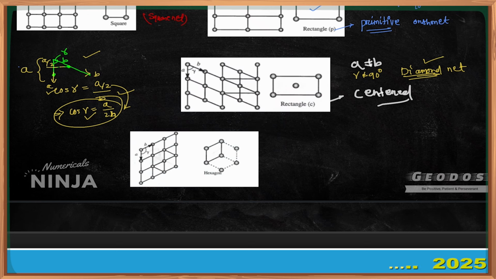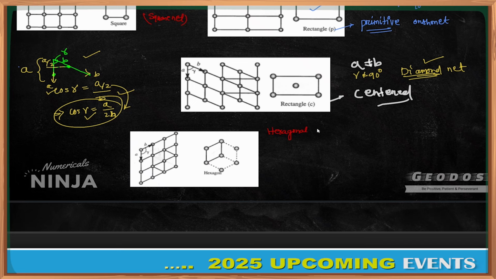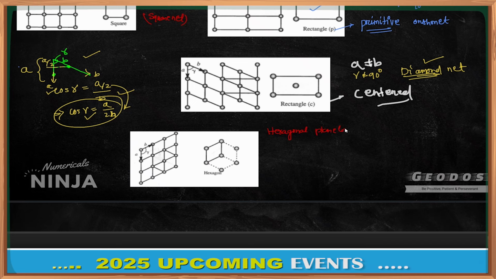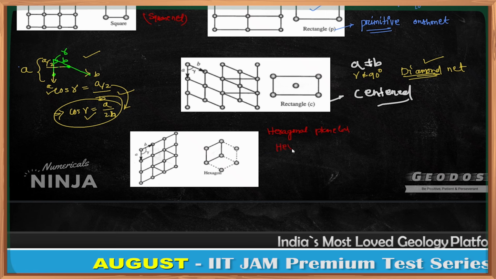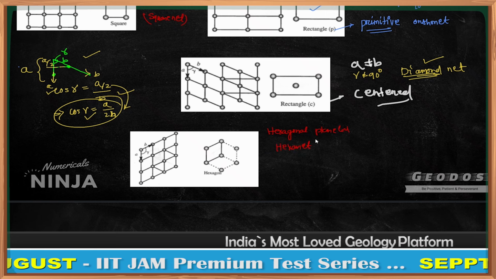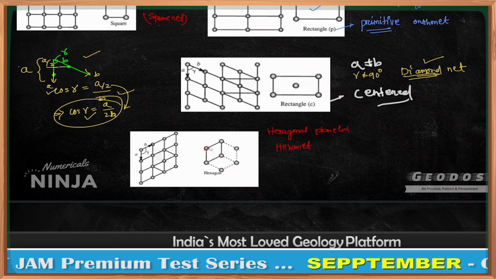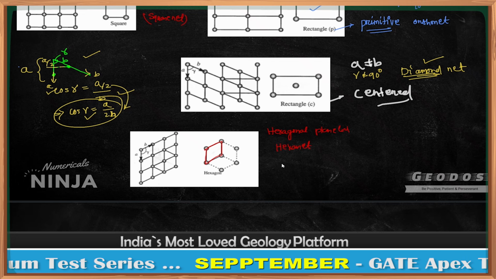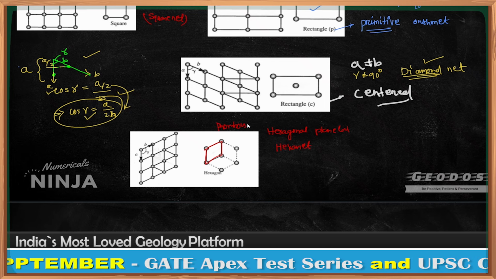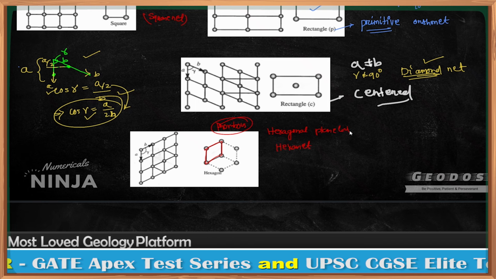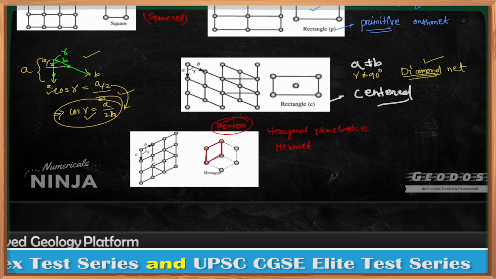Let me go further, and there are five plane lattices actually. We have covered three, and this is your hexagonal, called hexagonal plane lattices. As the name suggests, we sometimes call this hexanet. The shape you see here is just like a rhombus, so sometimes it is also called rhombus shaped.